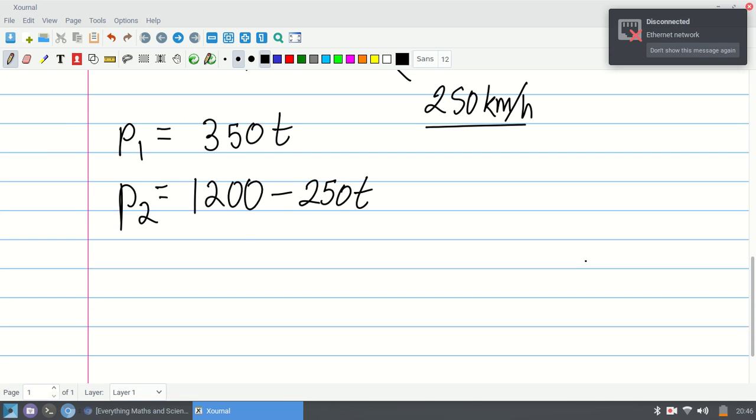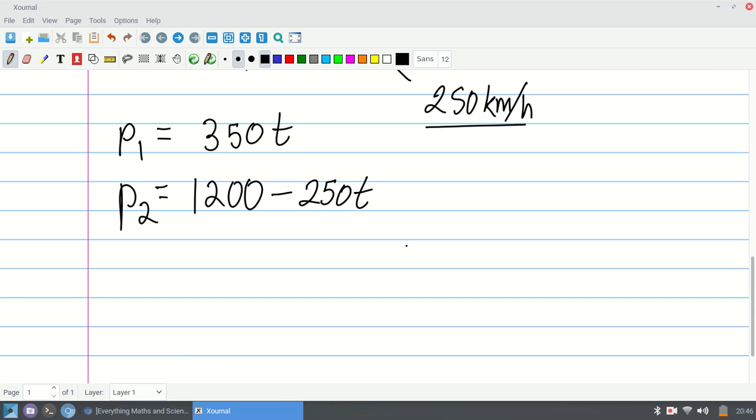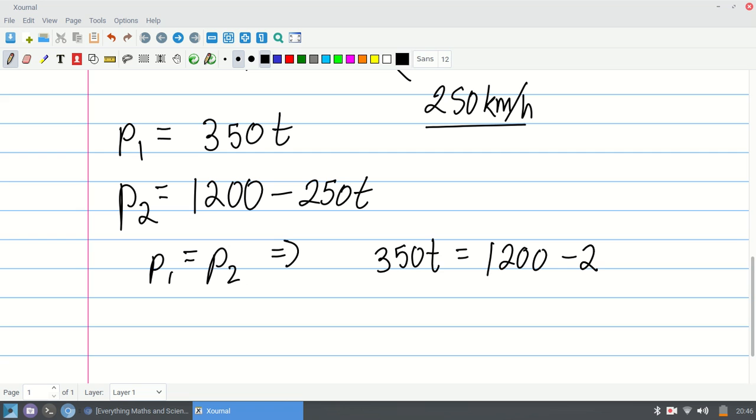Now, when they pass each other, their positions are equal. So that means that 350t has to be equal to 1,200 minus 250t.